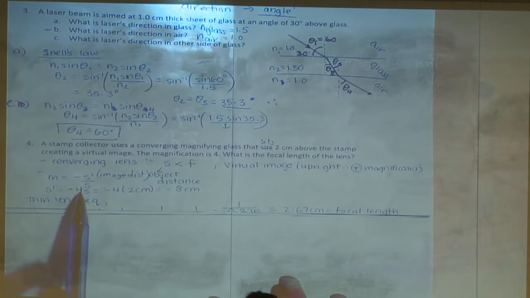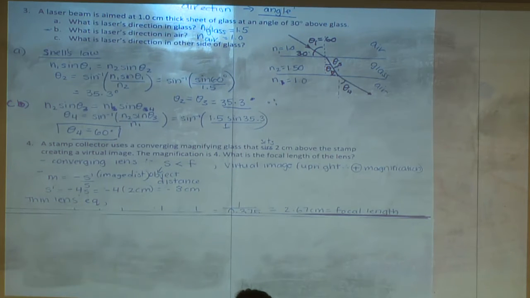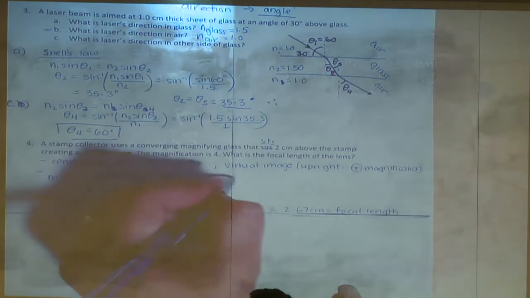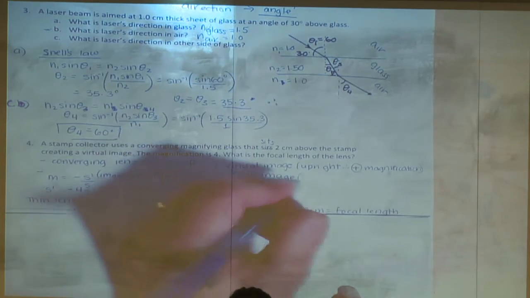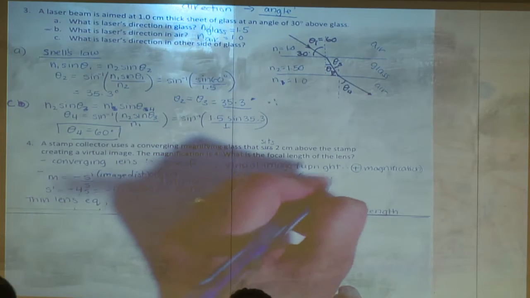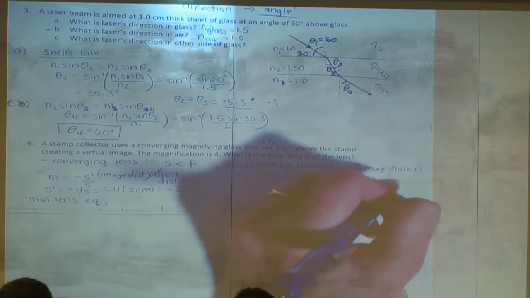And that will bring us to negative 8 centimeters as our image distance, which makes sense because it's a virtual image, so our image distance has to be negative. As opposed to if it were a real image, your image would be inverted, right? And you would have negative magnification.